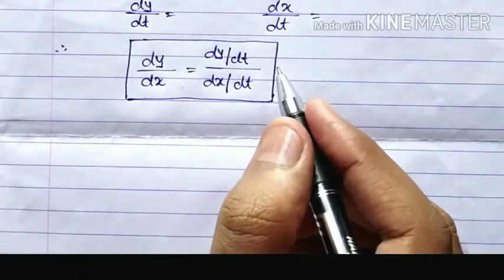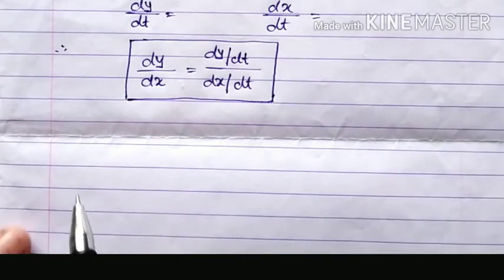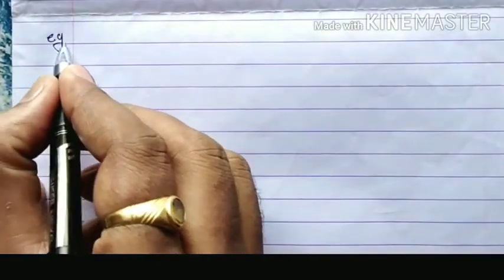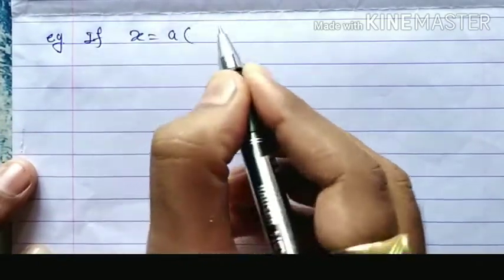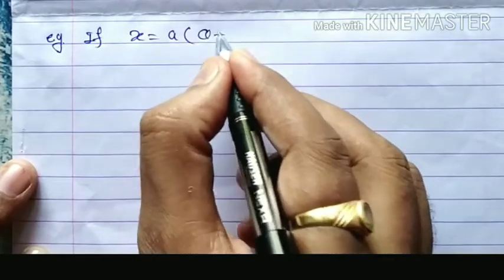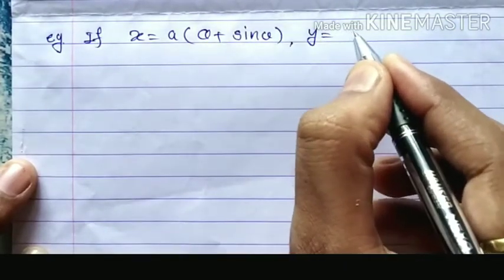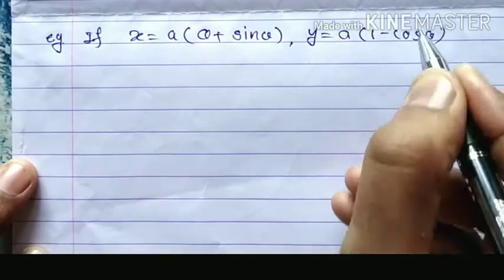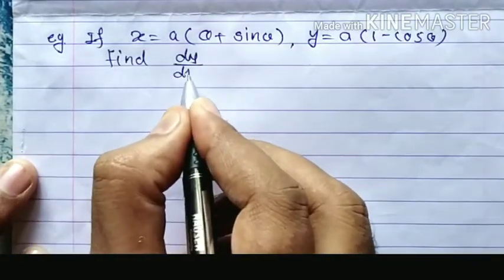Here the variable t can also be another variable, like theta, u, and so on. Let me illustrate this with one particular example. If x is equal to a into bracket theta plus sine of theta, and y is equal to a into bracket 1 minus cos of theta, find dy by dx.